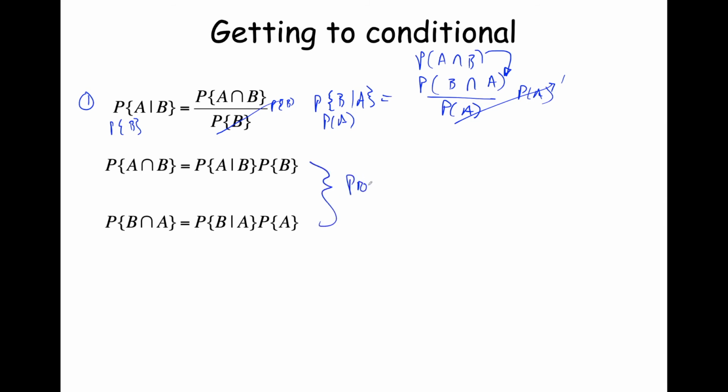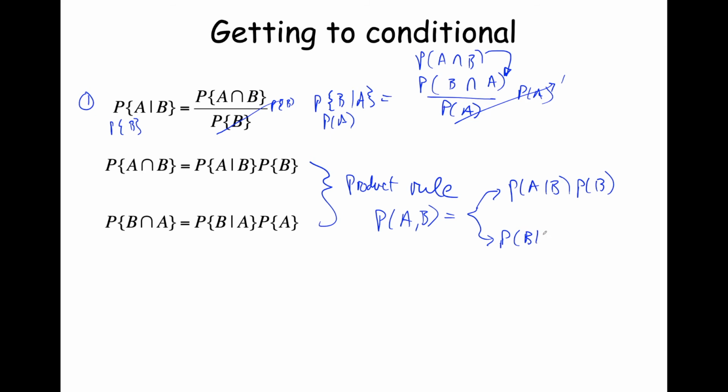It's called the product rule, and you can think of it as two different ways of defining what it means to say the probability of A and B. One way it can be defined is probability of A given B times probability of B, and the other way it can be defined as the probability of B given A times the probability of A.